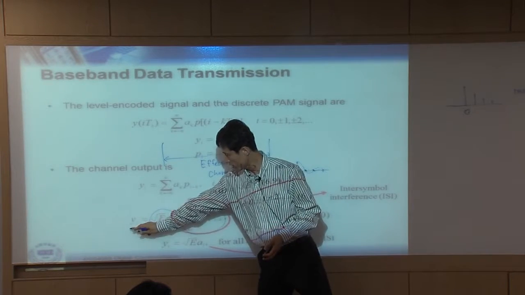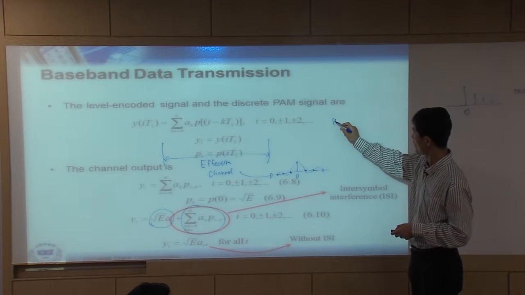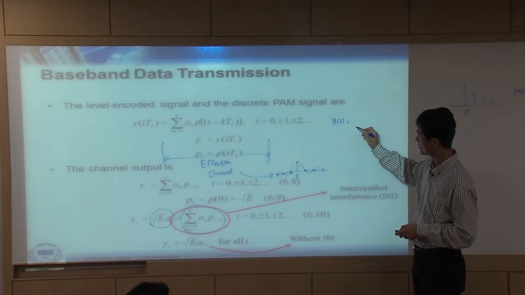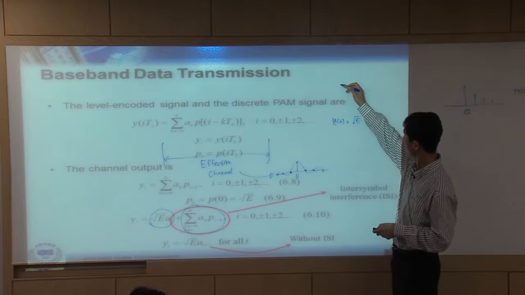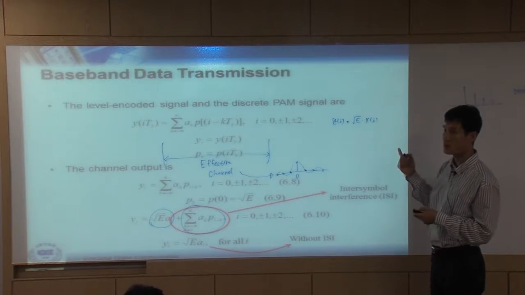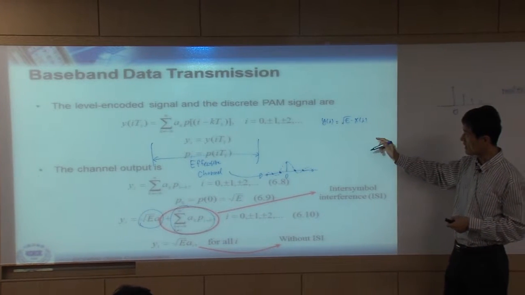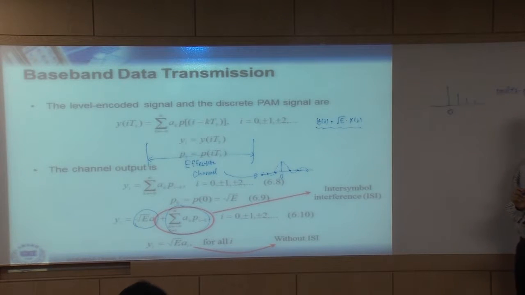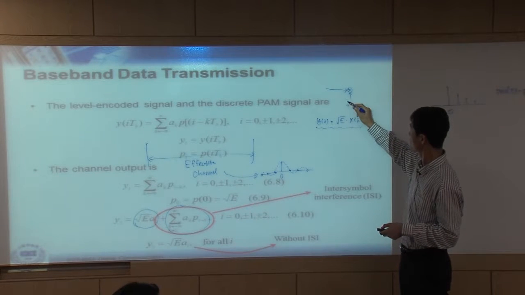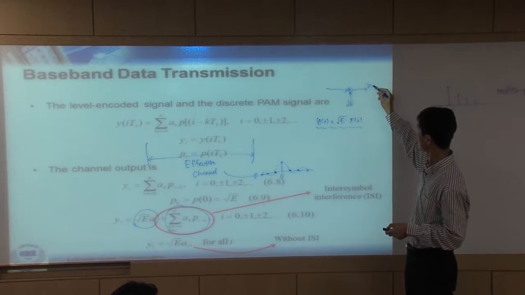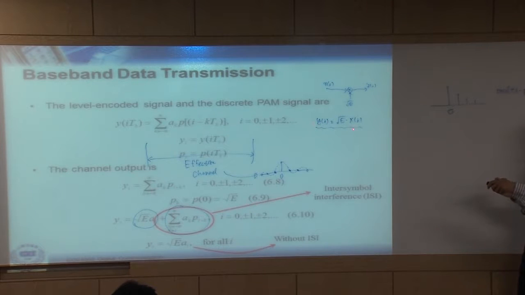This one, right? Let me write this one again. This equation here basically means y_i equals that multiplied by some constant, and x_i, let's say x is the input. In this case, I is the input, but let me say x is the input. So when you look at this, what is the relationship? This relationship is simply this, right? So this is a block diagram. This is simply an equation.